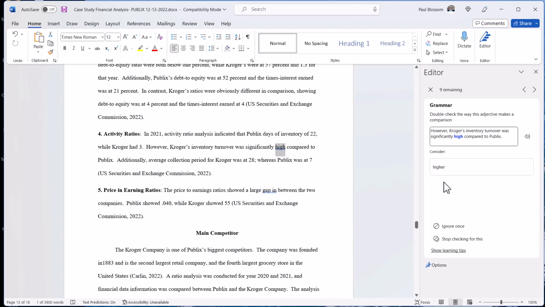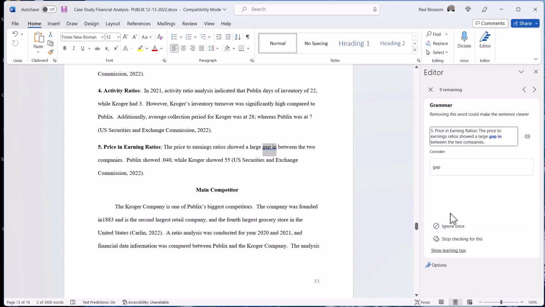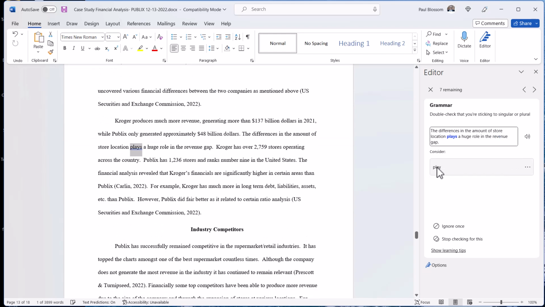Kroger's inventory turnover was significantly high. That's probably okay, and I would just ignore that. The price to earnings ratio showed a large gap between the two companies. It should not be in between the two companies, just a gap.